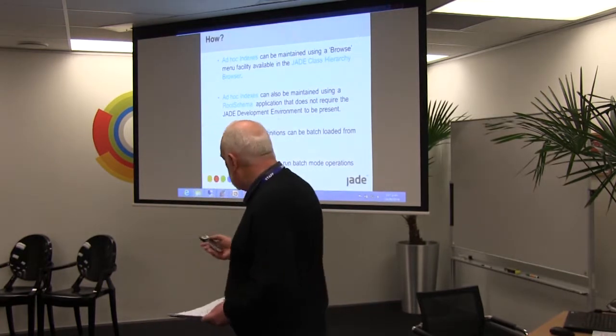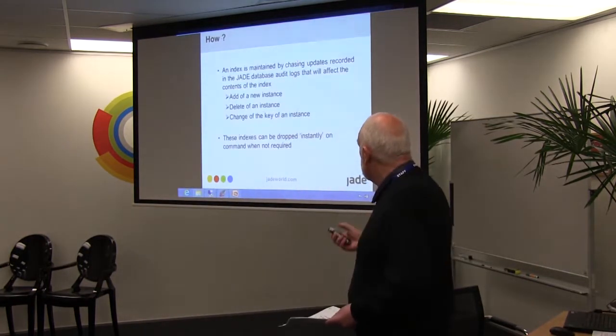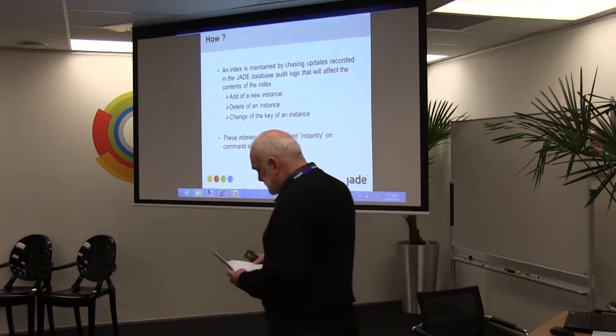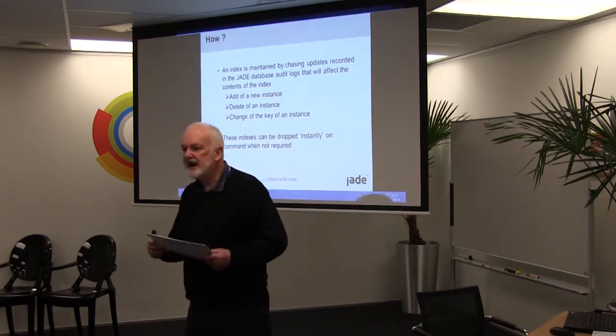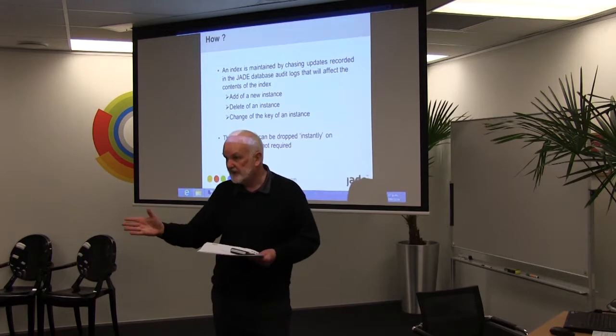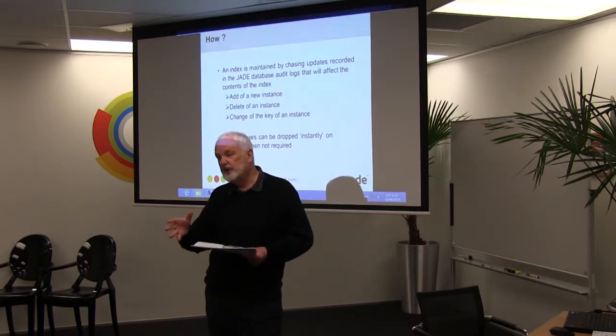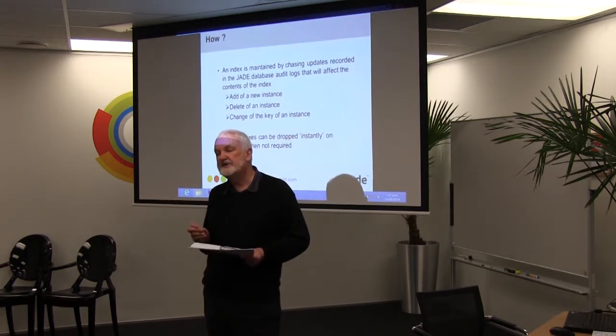So once an index is built, it's then maintained by a separate process that runs in the background that goes through all the audit logs and finds the entries that have been added, deleted, and where the keys are changed, and updates that collection.